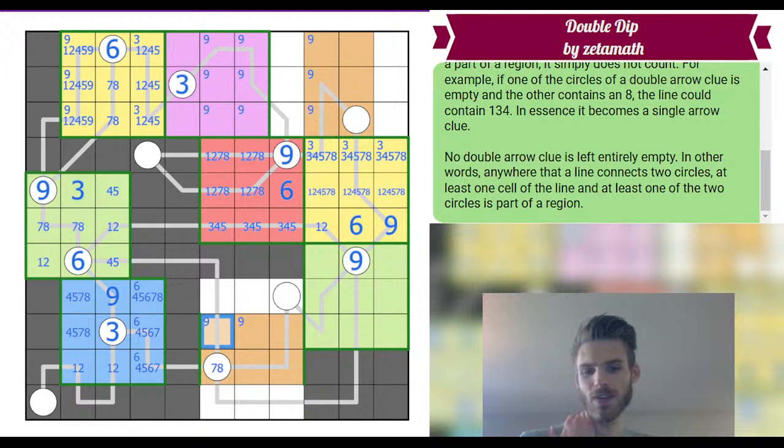So I figured out that if this is a 7, then this is a 9, and if this is an 8, then this is a 9. But I don't know how to use that.